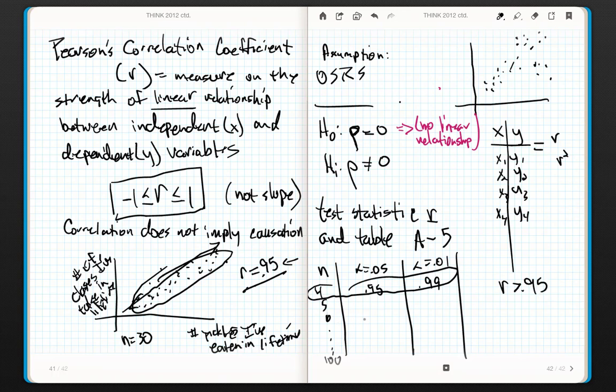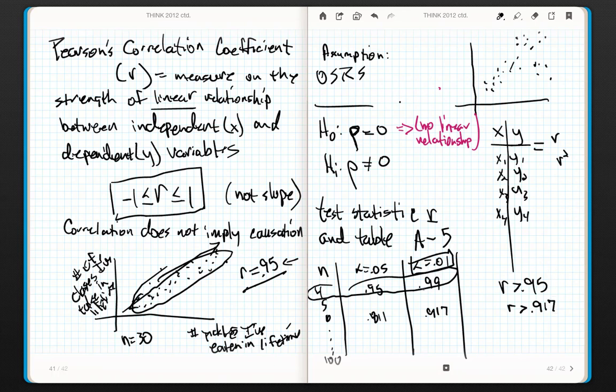Now for 6 values, watch how quickly it goes down. At alpha equals 0.05, I've got 0.811 and 0.917. So if I'm testing this at alpha equals 0.01, then R had better be greater than 0.917.